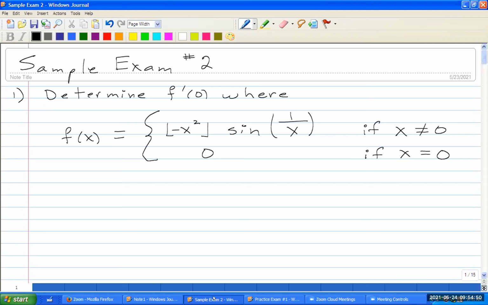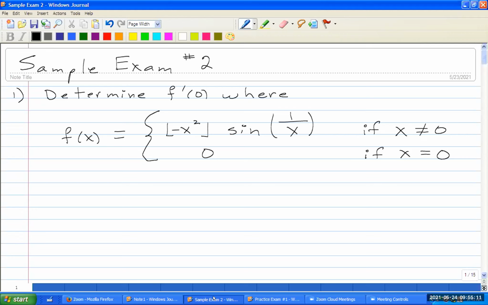1. Determine f prime at 0, where f of x is equal to the floor of negative x squared sine 1 over x if x is not equal to 0, and it's equal to 0 if x is equal to 0.